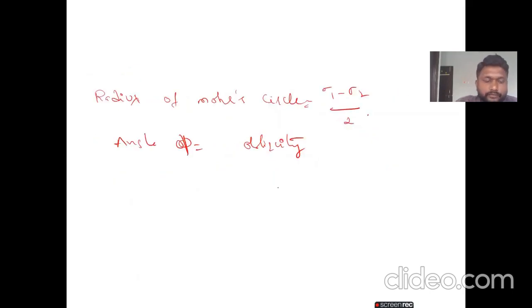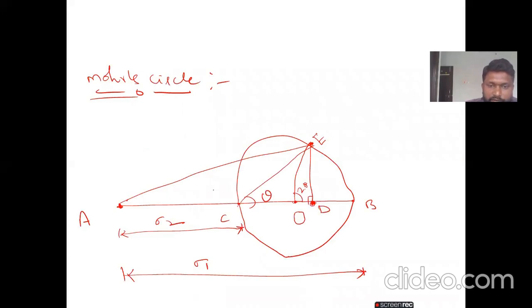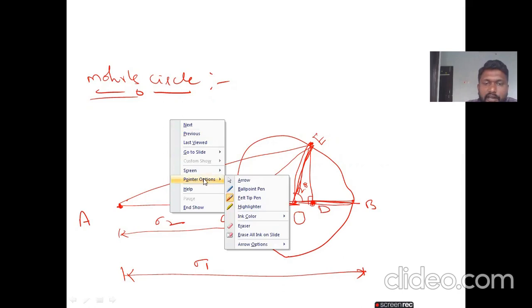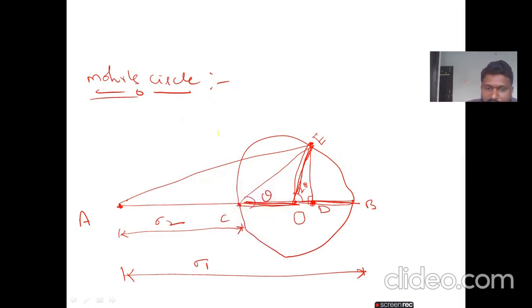And next, here if you observe in this diagram, from C to O, this length, and O to B, this length, and also O to E. These three lengths are the same. This is the radius of the Mohr circle. I am highlighting again, my dear students, the lengths CO, OB and OE.